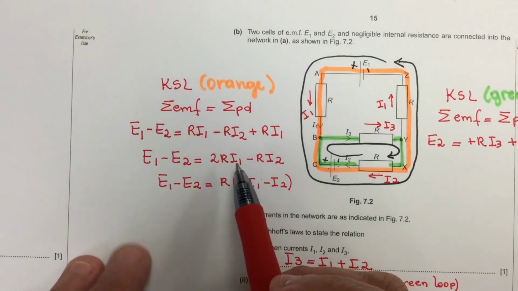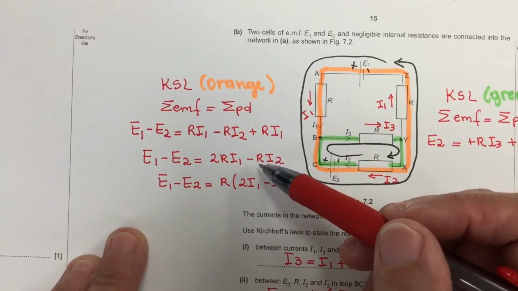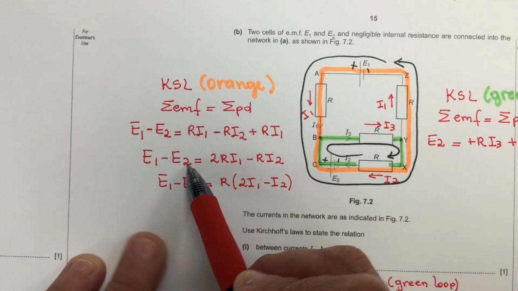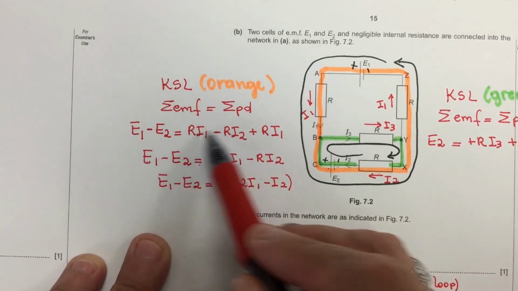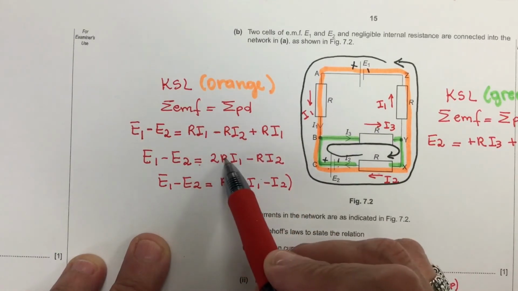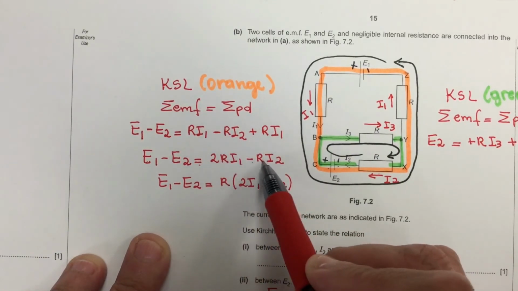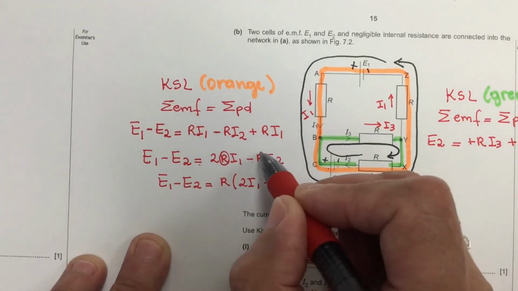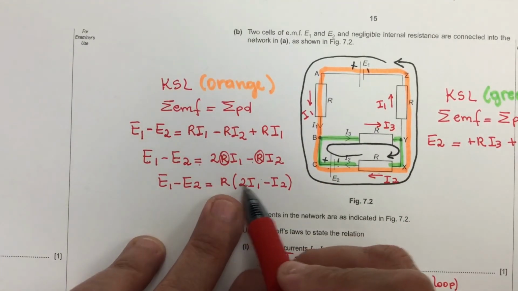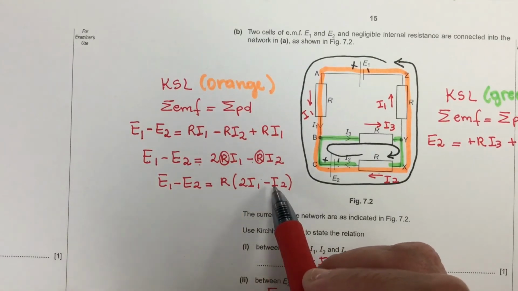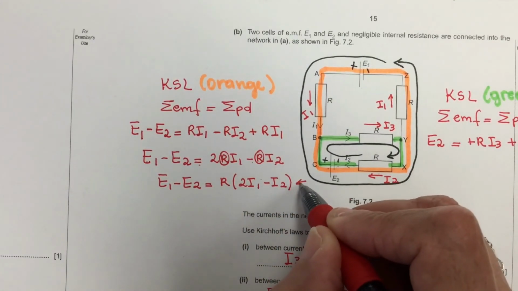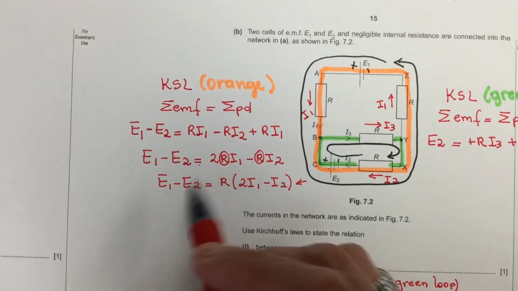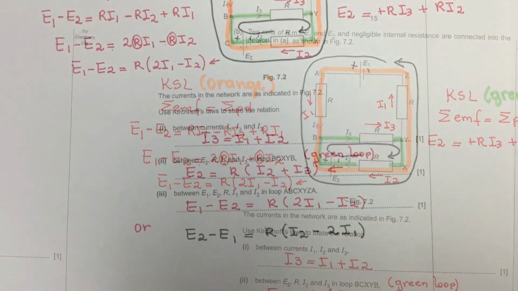So this equation can be rewritten this way. E1 minus E2 is equal to, those two I can add them, 2R I1 minus R I2. R is a common term, so I can rewrite it this way, and that will be my final equation that relates all those variables.